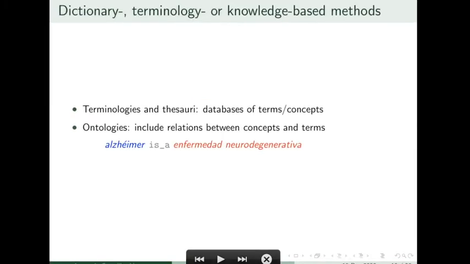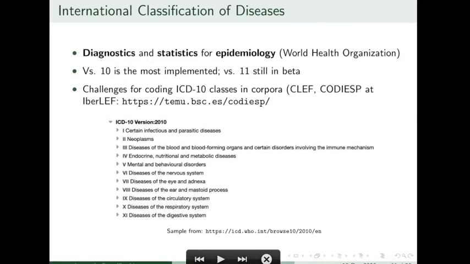We can give a very quick overview of dictionary or knowledge-based methods. These terminologies and thesauri are databases of terms and concepts, and ontologies also include relations between concepts. One of these resources is the International Classification of Diseases, which is aimed at diagnostic and epidemiologic studies.